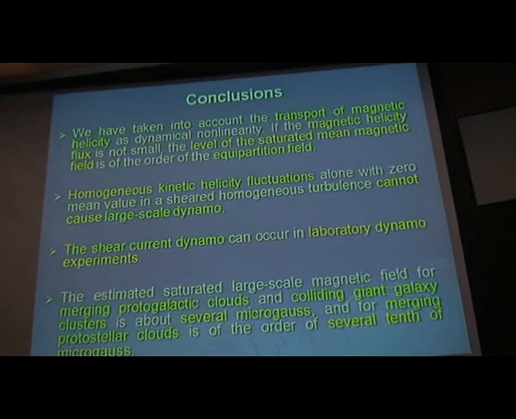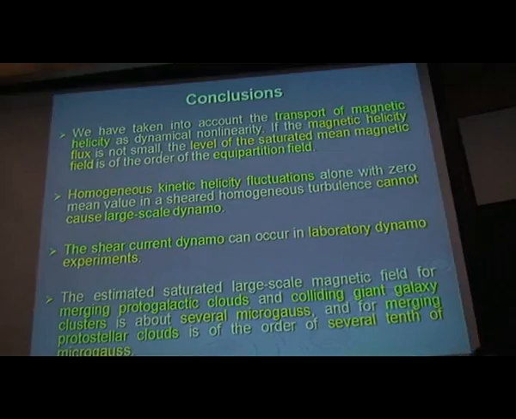And the transport of magnetic helicity plays a very crucial role. If the flux of magnetic helicity is small, then the saturated level is very small, but if the flux is not small, the saturated level is of the order of the equipartition field.